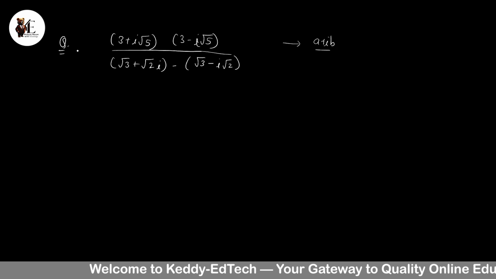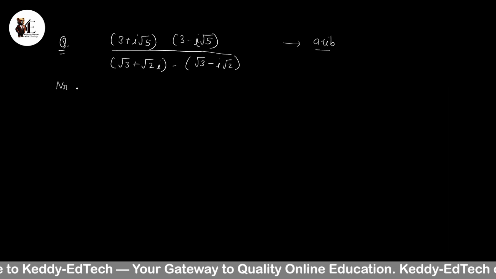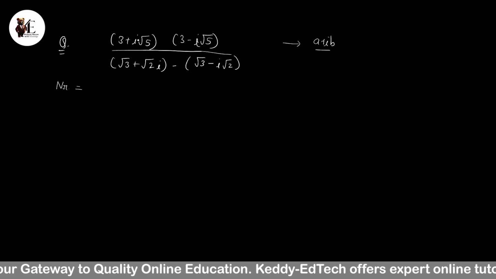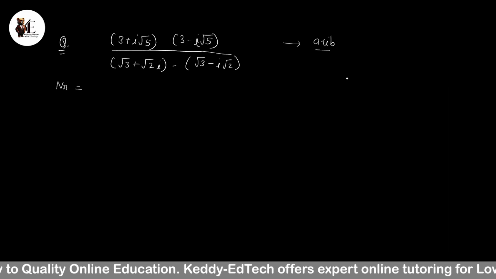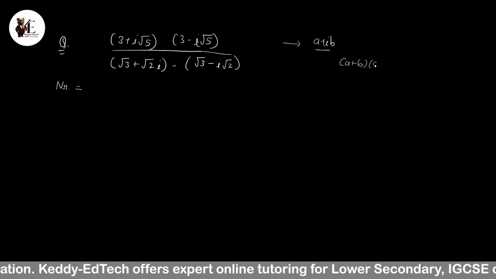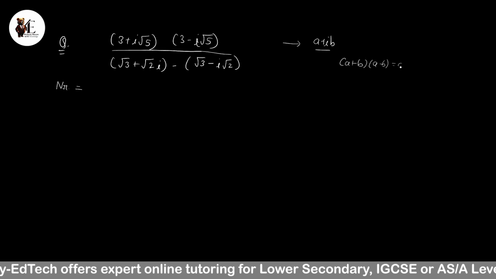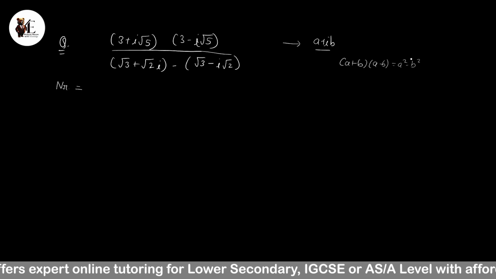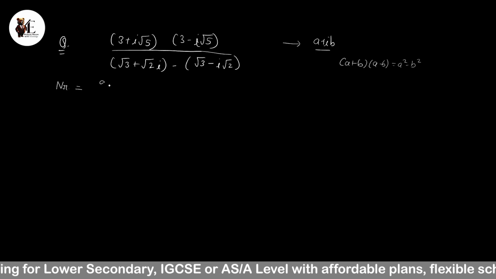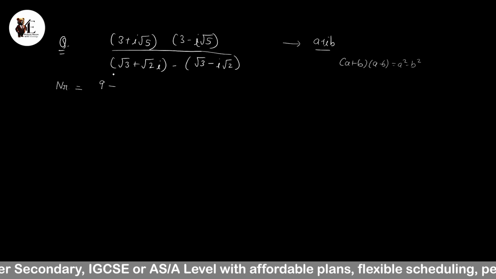Okay, so I am solving numerator and denominator separately so that there is no confusion. Firstly, I'm solving the numerator. You can see that the numerator is written in the form A plus B, A minus B, and that algebraic identity equals A square minus B square. So the first term is 3, its square is 9, minus the square of the second term.